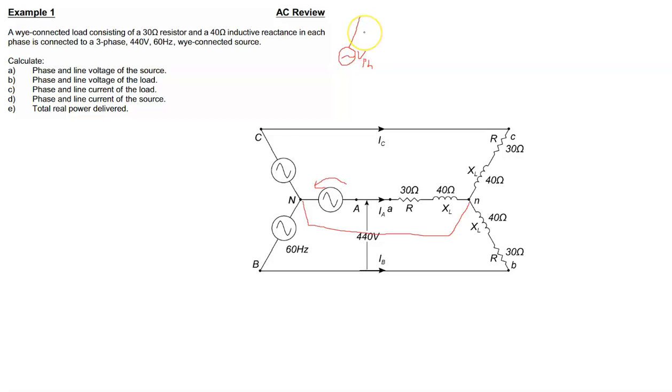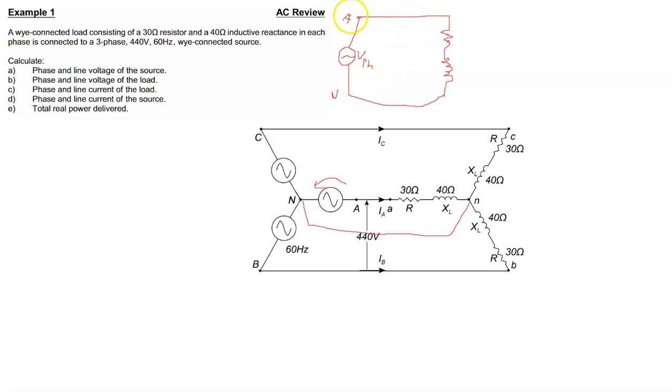And here's the line. If we're considering phase A, then this would be phase A. Then we're going across, we've got our resistor, our inductor, and then down here, our neutral connection.